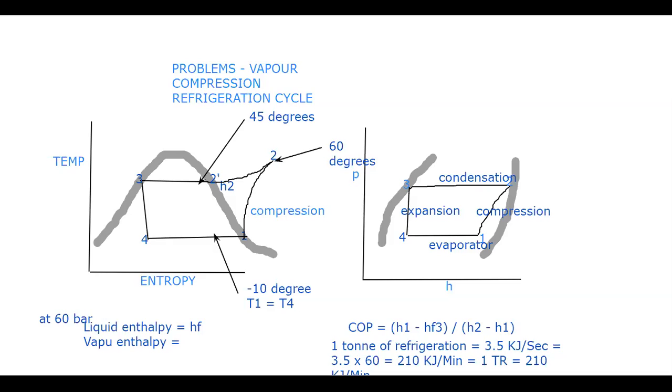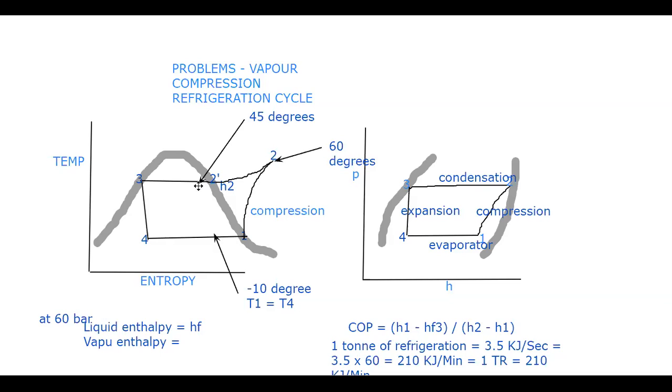Why have I written HF3 and H2 dash for these two things? How have I arrived that 133 is HF3 and 483 is H2 dash? You have to understand that. See, if you look at this TS diagram, my liquid enthalpy at 45 degrees, see, the 45 degrees line I am showing with an arrow, right?